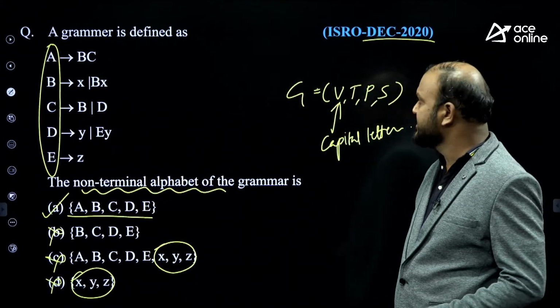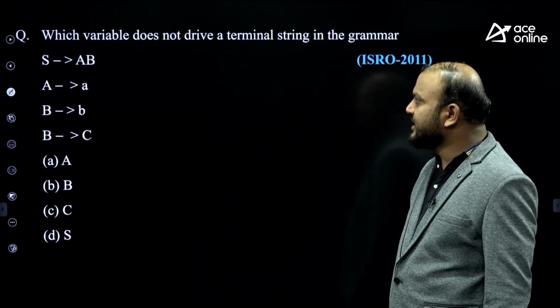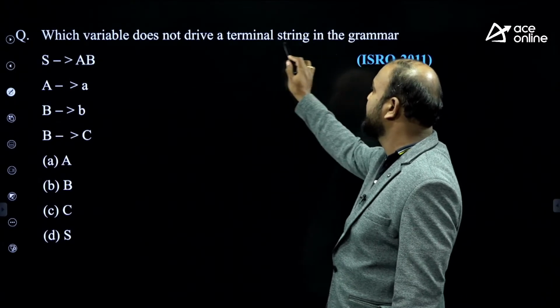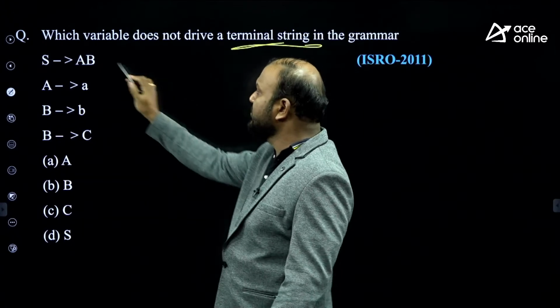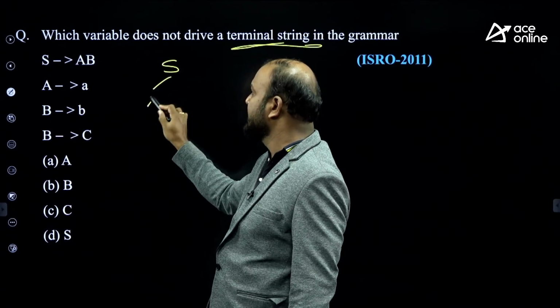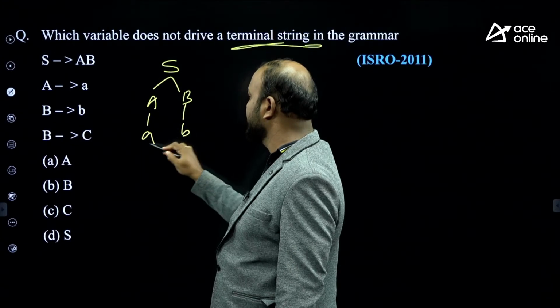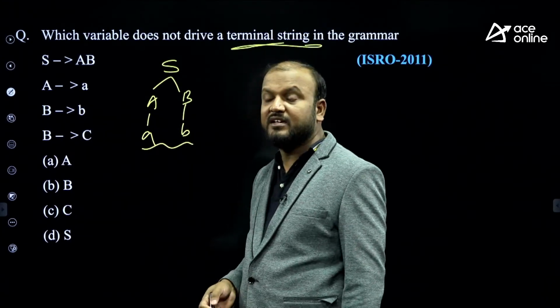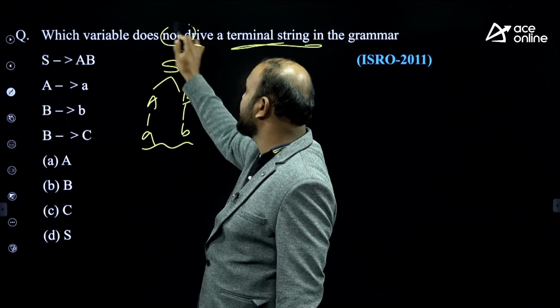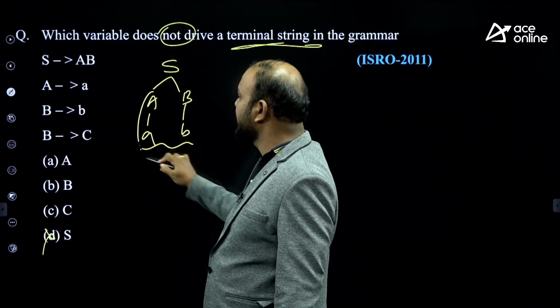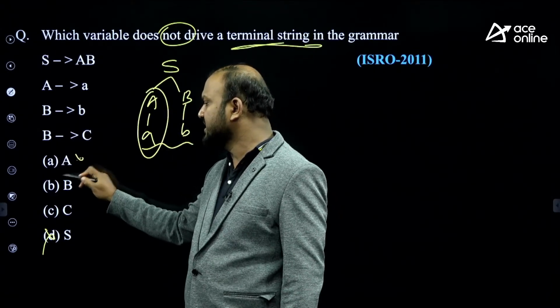Very, very basic questions. Look at this question: which variable does not derive a terminal string in the grammar? See, if you use the S non-terminal, S is AB, A is deriving a, B is deriving b. Means with S we are going to derive terminal strings. The question is about not deriving, so it is incorrect. With A we are deriving a, so this is incorrect.